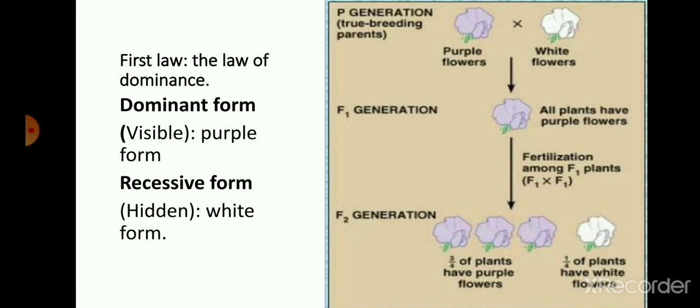In this way we can say that the dominant allele hides, suppresses and masks the expression of the recessive allele. So that is the law of dominance, because it shows dominance over the recessive allele.